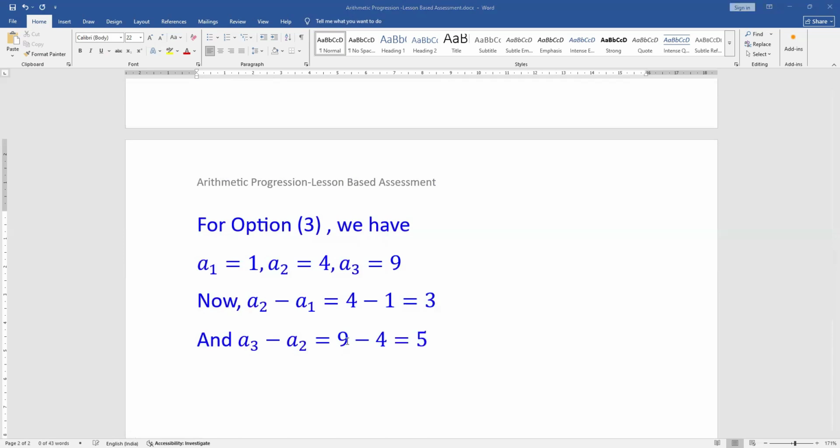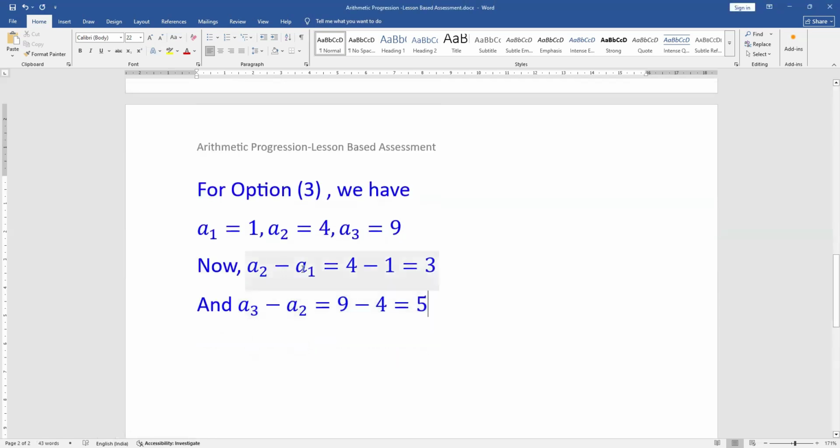So here, what we observe, even here also, A2 minus A1 is not equal to A3 minus A2. So even this option is also not the correct answer. Now I go for option 4.